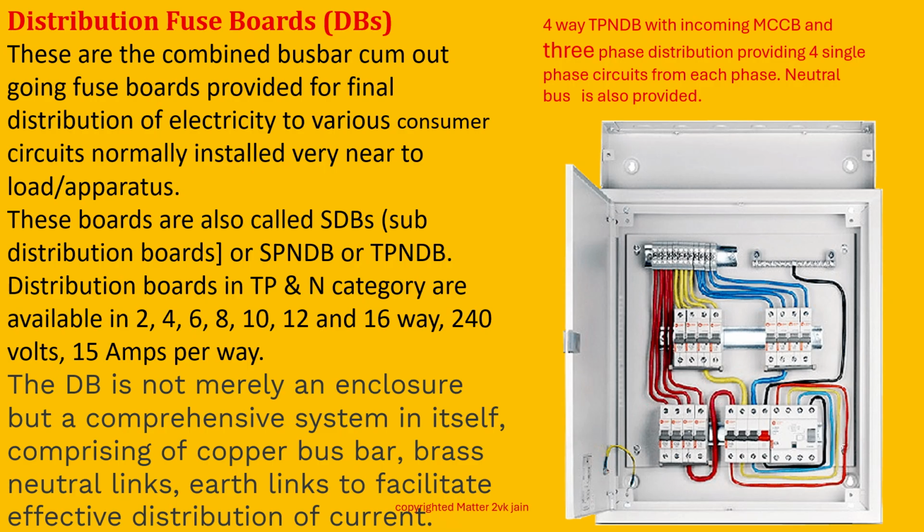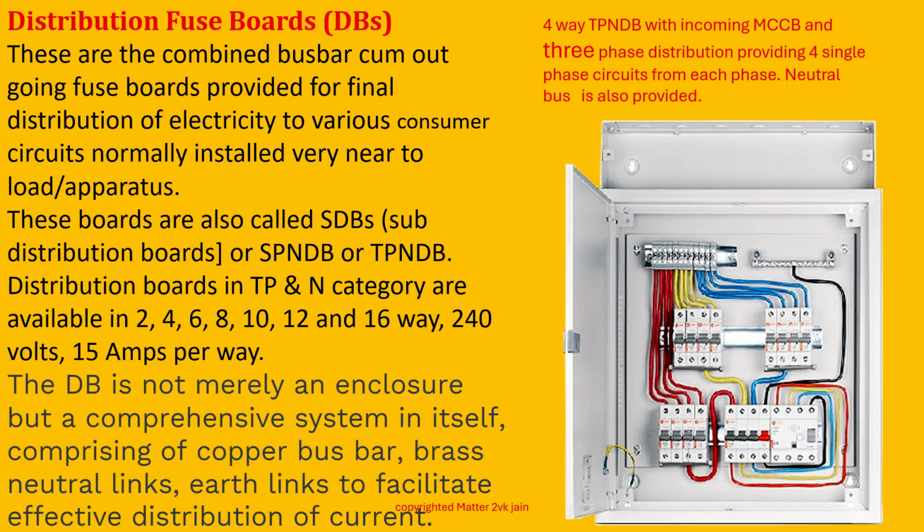Friends, now we are discussing the horizontal type sub-distribution board or distribution board DB. These are the combined busbar cum outgoing fuse boards provided for final distribution of electricity to various consumer circuits, normally installed very near to the load or apparatus.